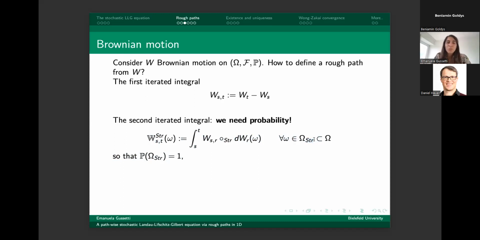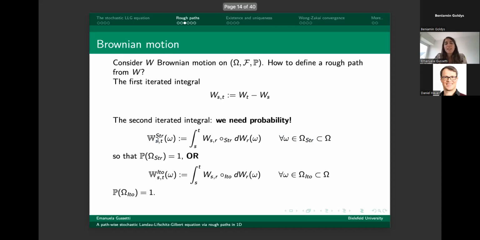But as you know, you would say, okay, you choose Stratonovich, can you also choose Ito as a second iterated integral? Yes, of course, we can also choose Ito as a second iterated integral. And one can have an Ito lift, and in this case, one will have a different set of probability where the Ito integral is well defined for every omega.